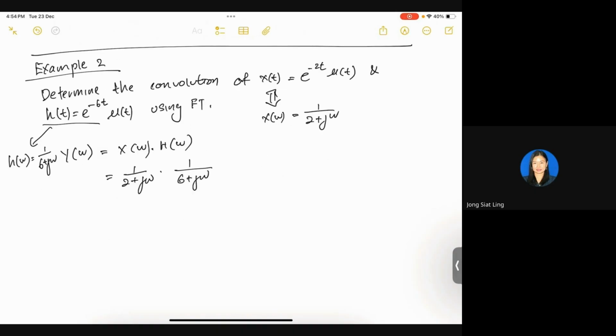So we want to find out what is the value.